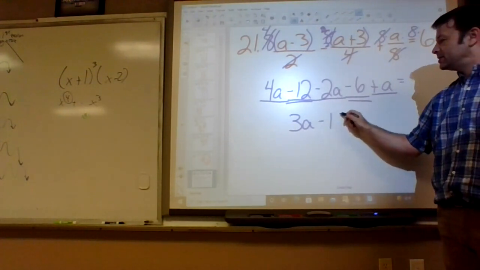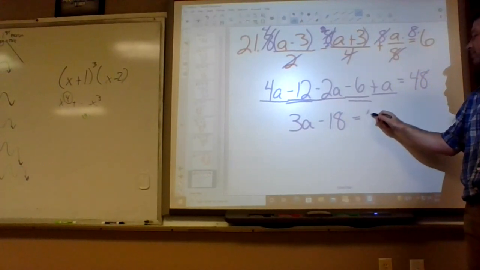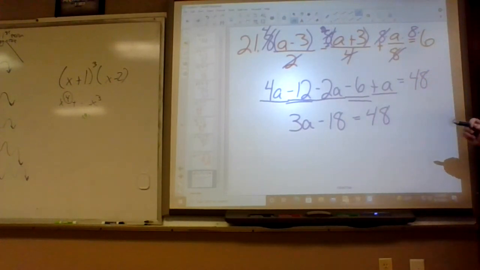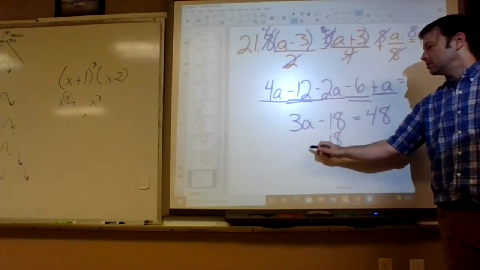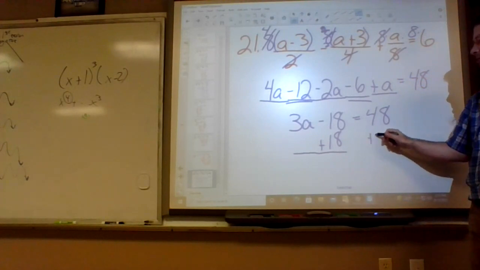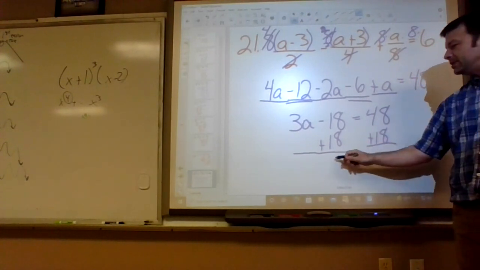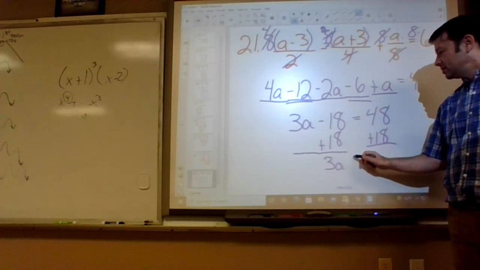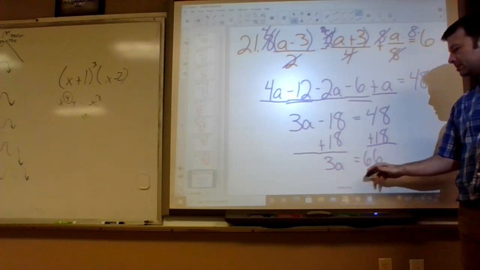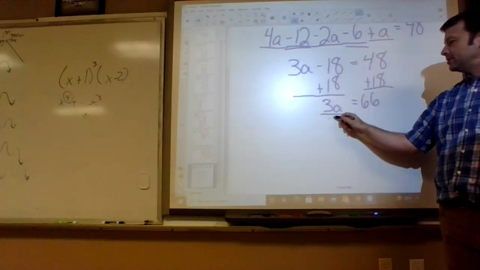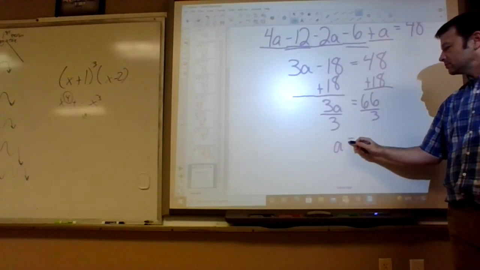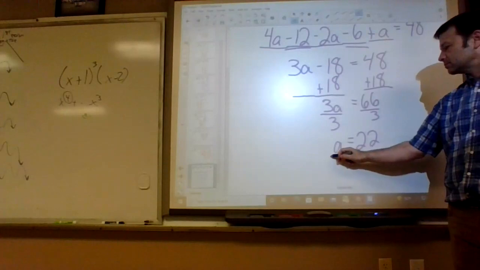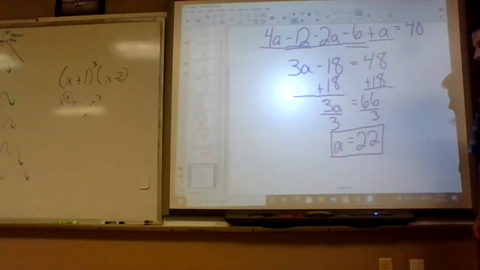So 3a minus 18 equals 48. Now we have something that looks comfy. I believe that is 66, divided by 3, 22.